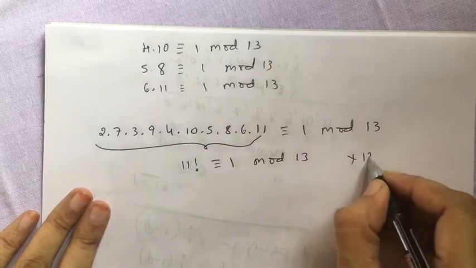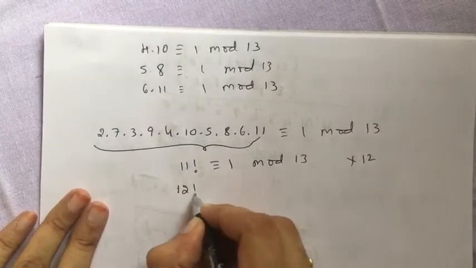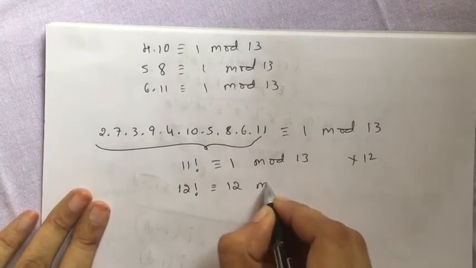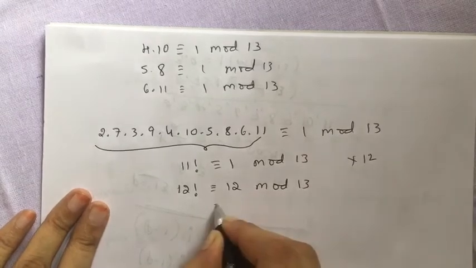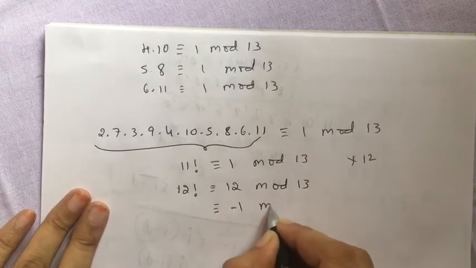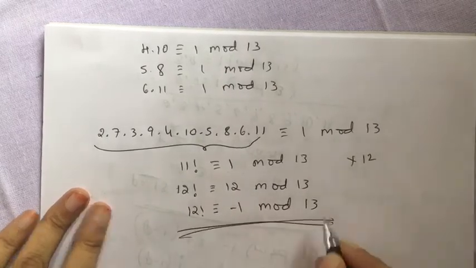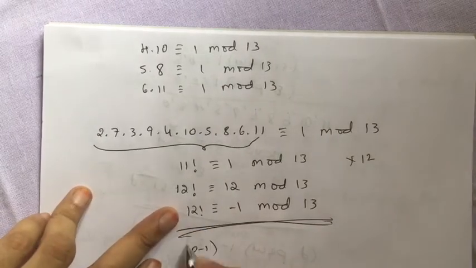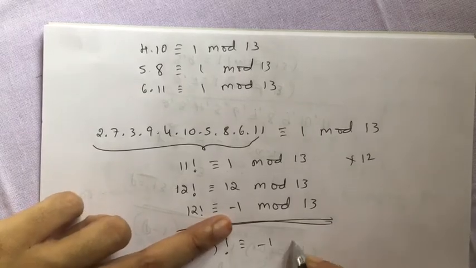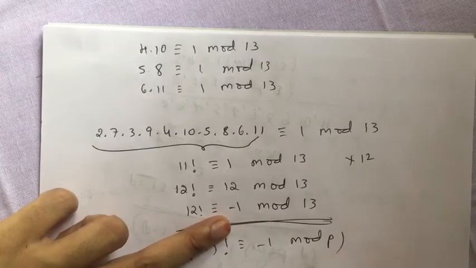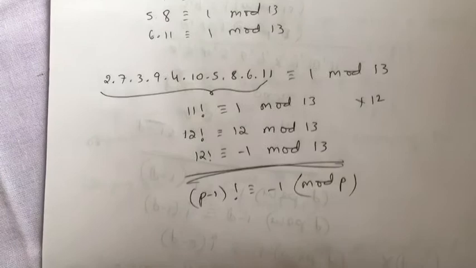If I multiply by 12, then 12 factorial is congruent to 12 mod 13, which is nothing but minus 1 mod 13. So I'm using p minus 1 factorial is congruent to minus 1 mod p. I hope you understand.